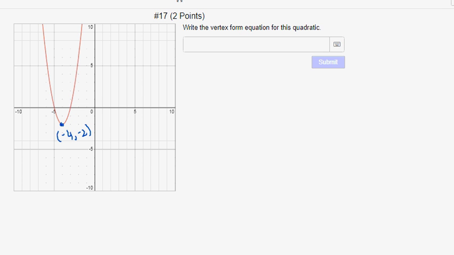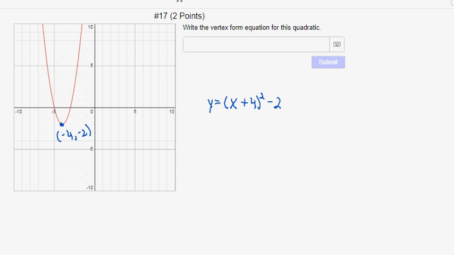So we're looking at y equals x plus 4 squared minus 2.